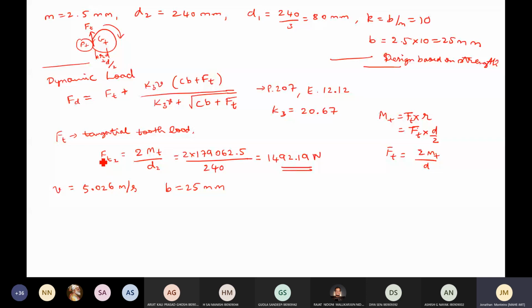Okay. So capital C in this equation is called the dynamic factor. And as you can see in the equation description, it is related to 14.5, there is a form factor, and also the Young's modulus of gear and the gear tooth.